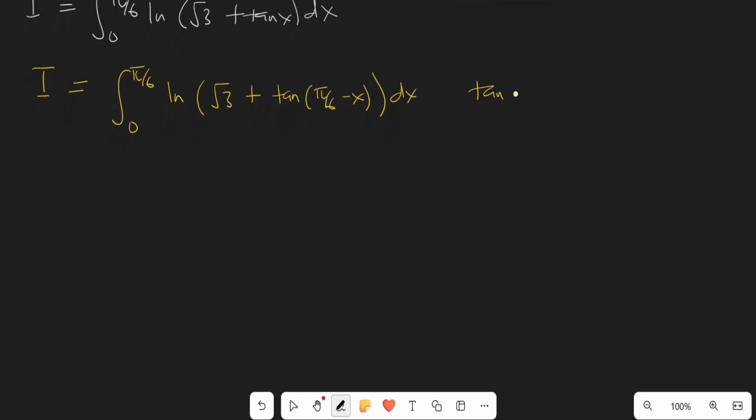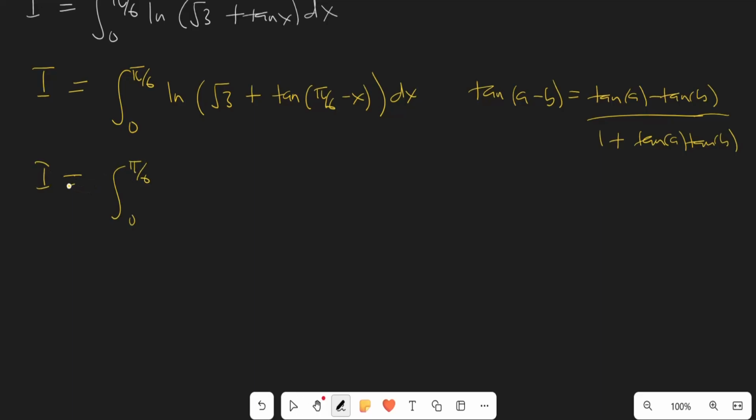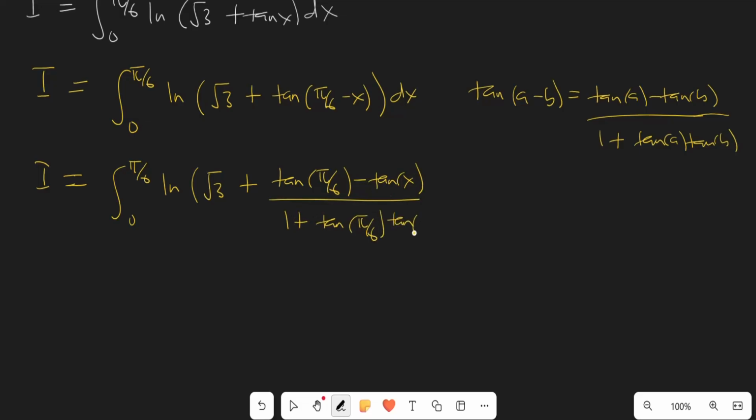So we know tan of a minus b is going to be tan of a minus tan of b all over 1 plus tan of a times tan of b. So we can use that here. So the natural logarithm of the square root of 3, plus this is tan of pi over 6 minus tan of x, all over 1 plus tan of pi over 6 tan of x, all this dx.